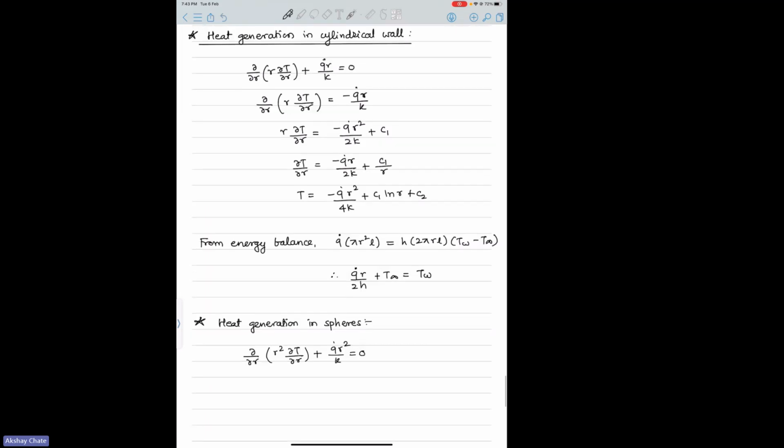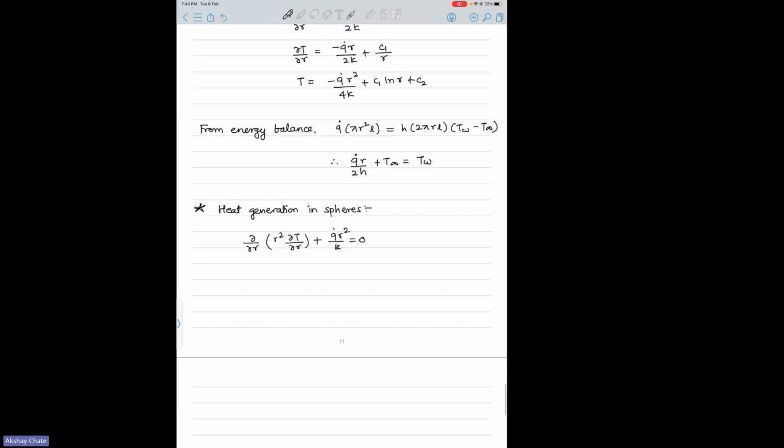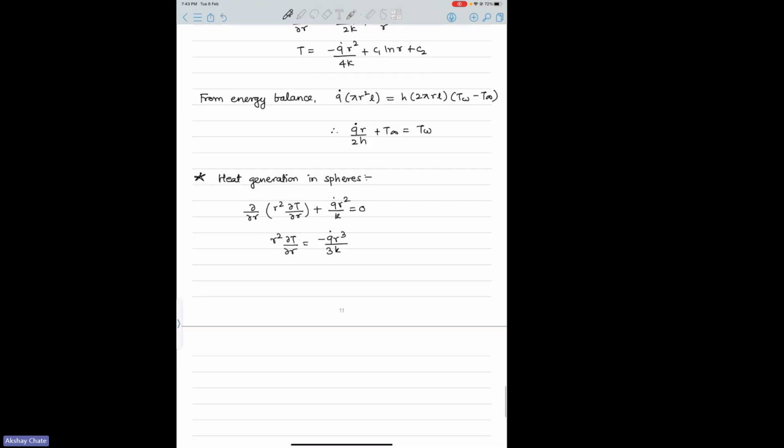This is steady state again, but in spherical coordinates. Then you integrate it once, and you get R square del T by del R equals minus Q dot R cube by 3K plus some constant C1, and this del T by del R becomes minus Q dot R by 3K plus C1 by R square.